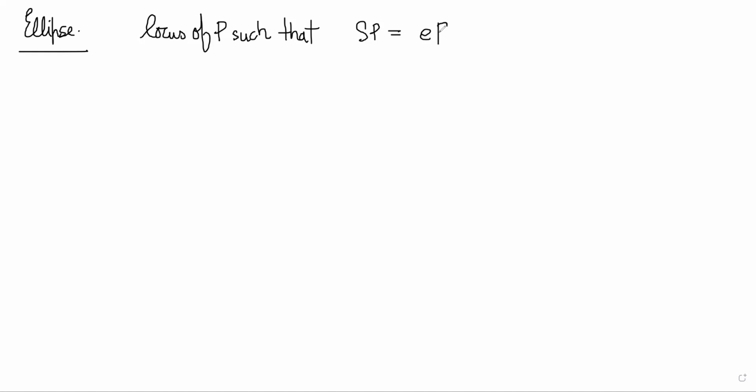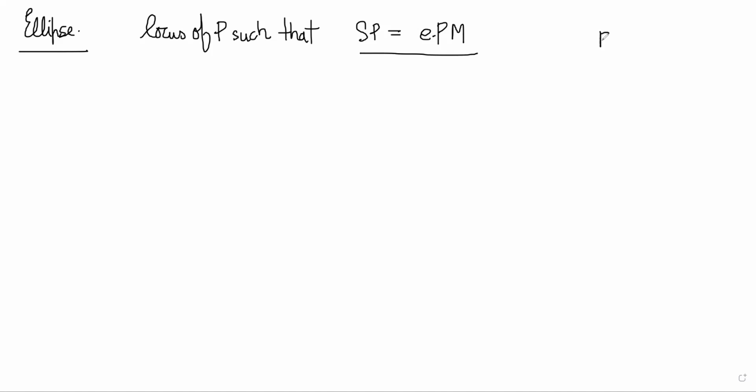So what is an ellipse? What do you mean by ellipse? Like the distance from a fixed point is a ratio. Correct. Locus of P such that distance of P from a fixed point, SP, is equal to e times distance of P from a fixed line, PM, right?